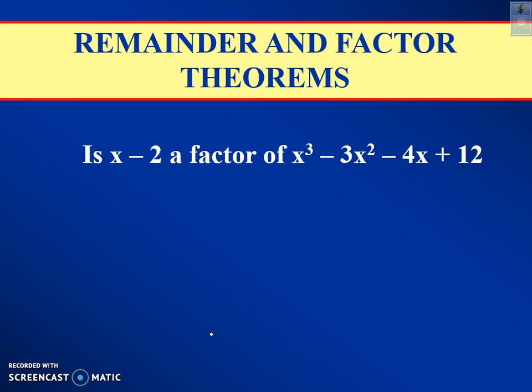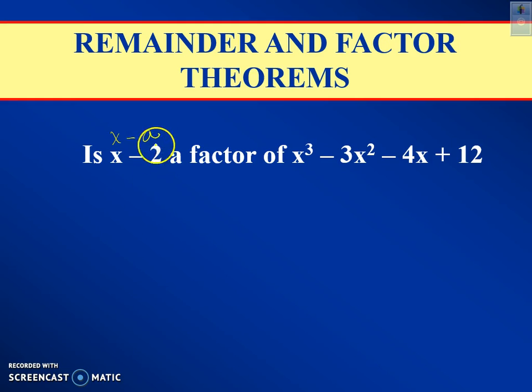So your next example, if you flip your page over, is x minus 2 a factor of x cubed minus 3x squared minus 4x plus 12. So what I want to know is, do I get a remainder of 0 when I use the synthetic substitution process? Remember that if it's in the form of x minus 2, this is x minus a.